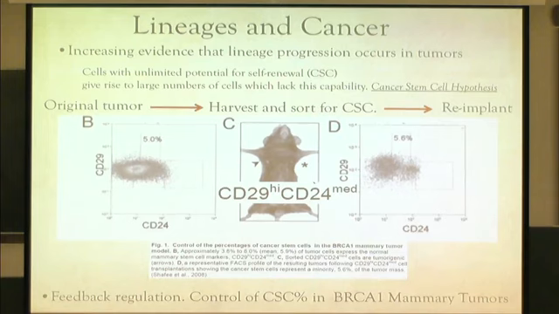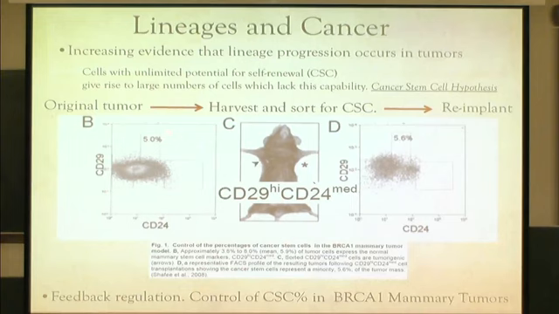And so here's a collection, basically a breast cancer, where the cancer stem cells are marked by two different surface proteins, and the cancer stem cells are the ones in this region, roughly about 5%. So what was done is the tumor was grown, extracted, cell sorted, and about 5% of the cells have these stem cell characteristics.